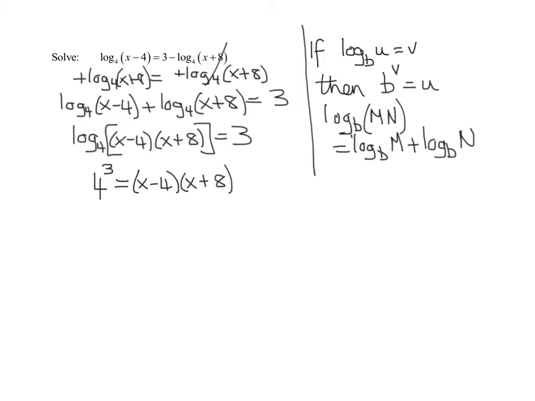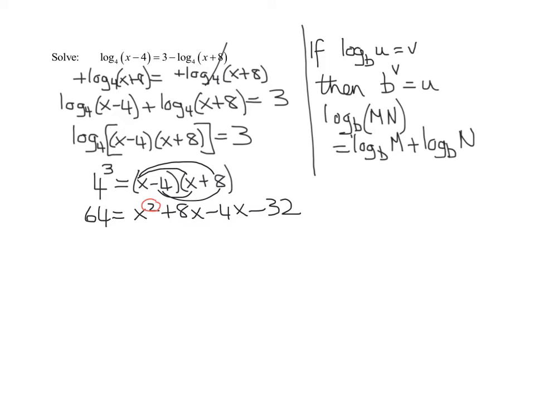So now all I have to do is work with this equation. Notice all my logs have gone. So I now have 4 cubed, which is 64, equals, I'm going to have to FOIL this out, x squared plus 8x minus 4x minus 32. So you can now see that I have a degree 2 equation.